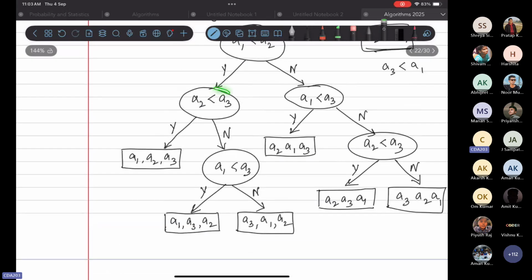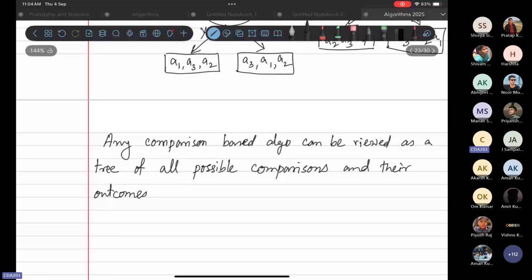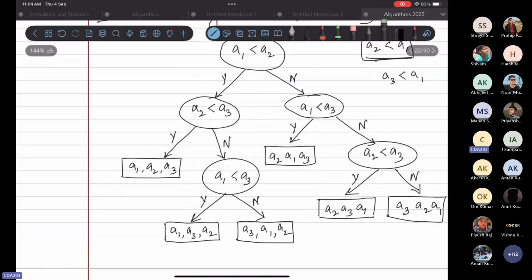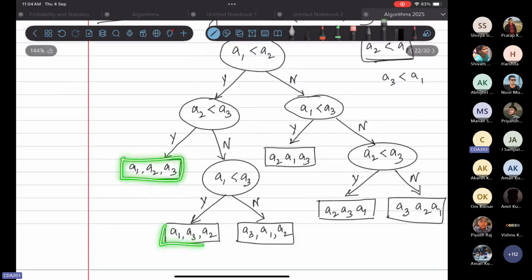I'm looking at their comparisons and their outcomes. And also the resulting solution. So what's the resulting solution in our case? These are the solutions.